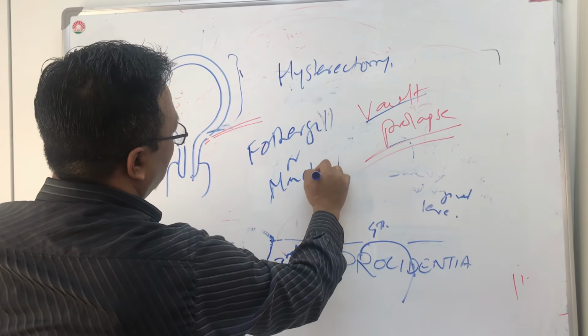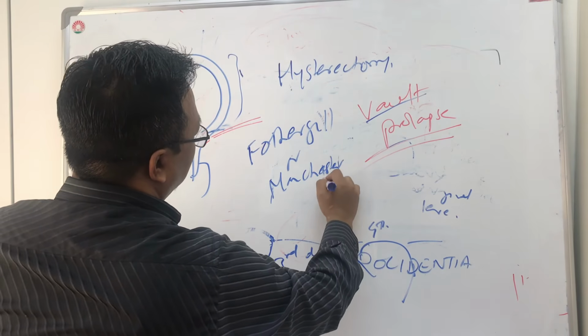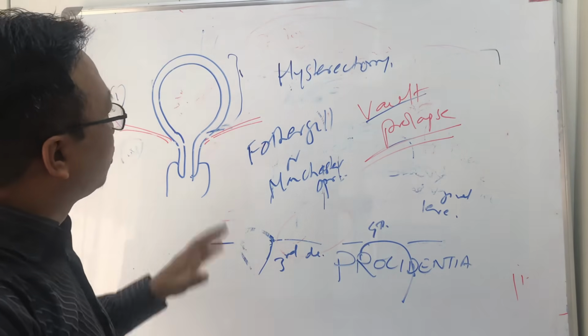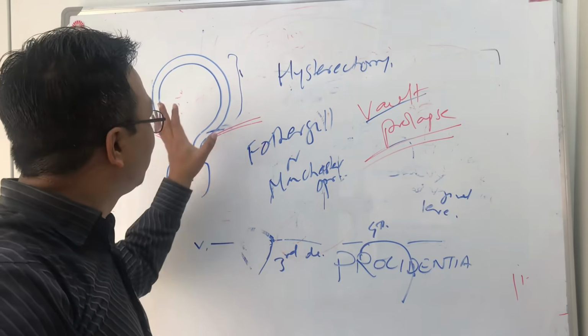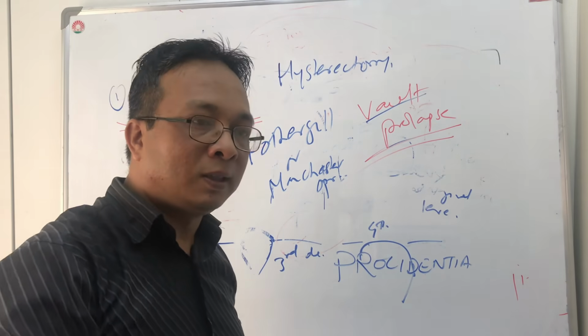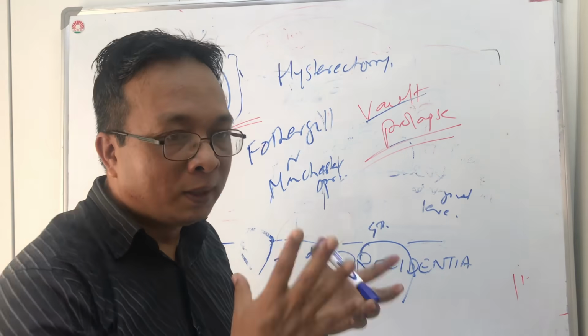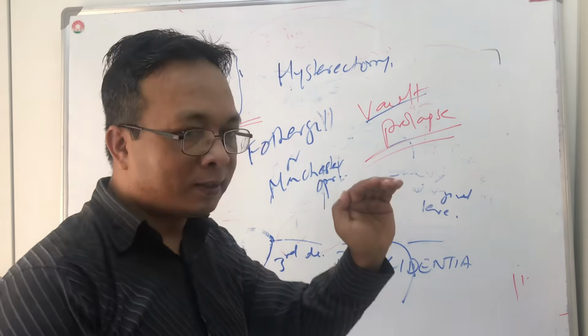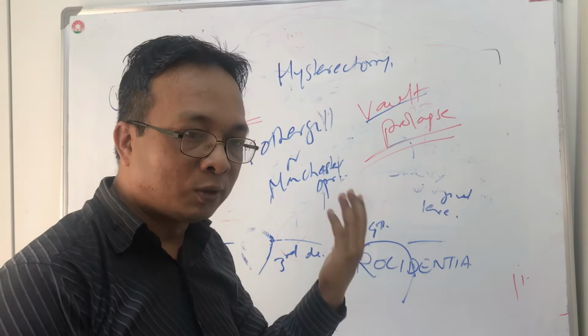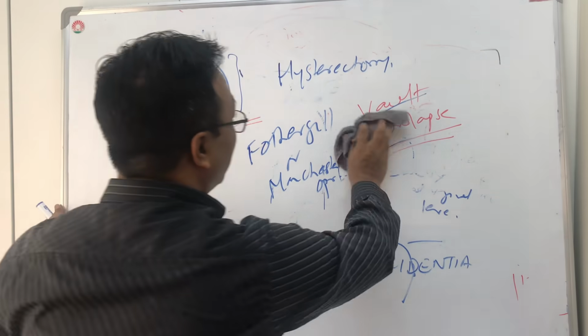Manchester operation. Every vaginal hysterectomy needs to be done with these repairs. You cannot just remove the uterus because there are so many tears. If the anterior septum is defective, when there is cystocele, you have to do anterior colporrhaphy.